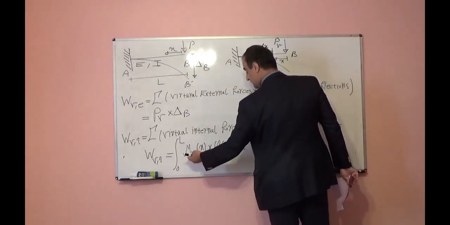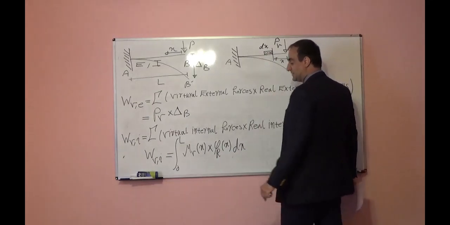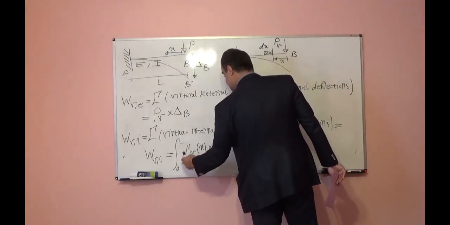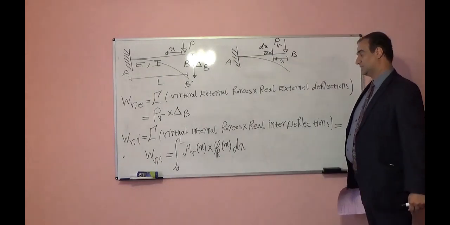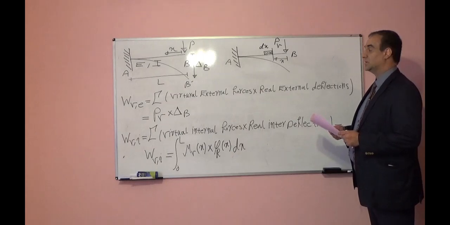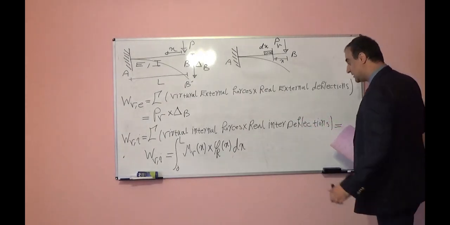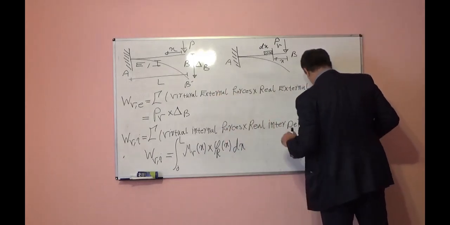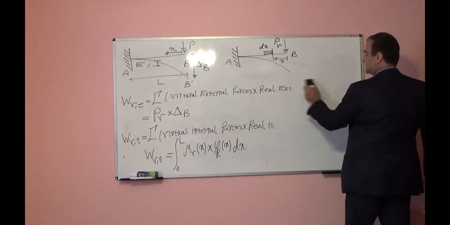If we multiply mvx times phi x dx for this element, and we integrate from 0 to L, we will have internal virtual work. According to the conservation of energy law, we should put these two equal.